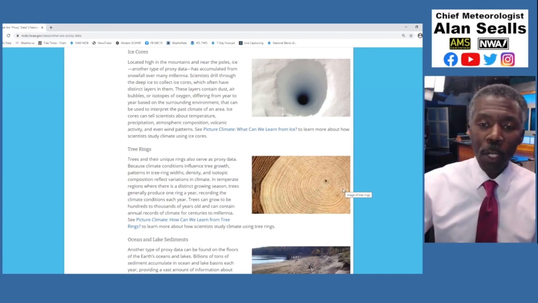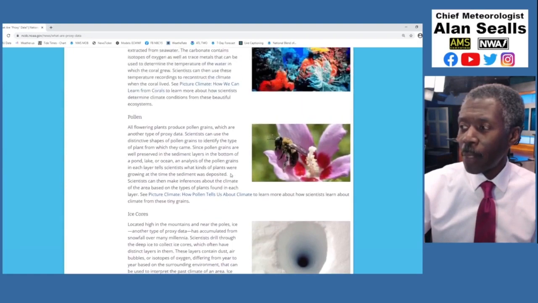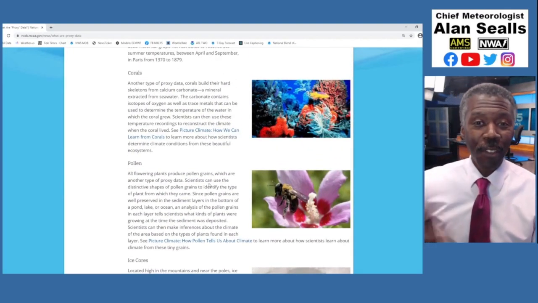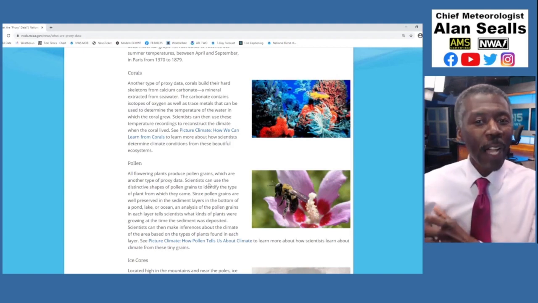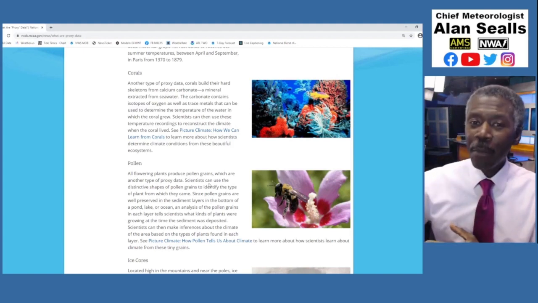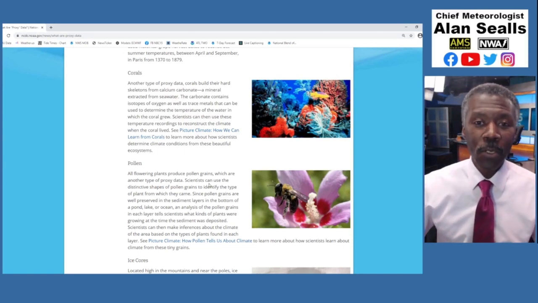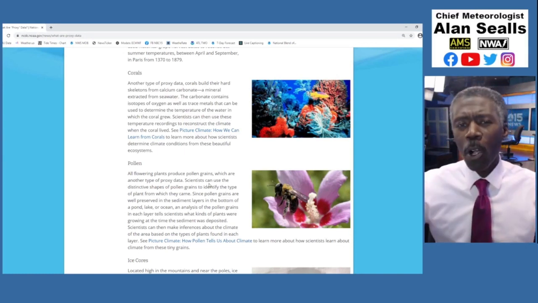And even more so, many of you know that we have an underwater forest in the Gulf of Mexico. If you take petrified trees and do the same thing, you can go back tens, if not hundreds of thousands of years to figure out what the overall weather pattern was.